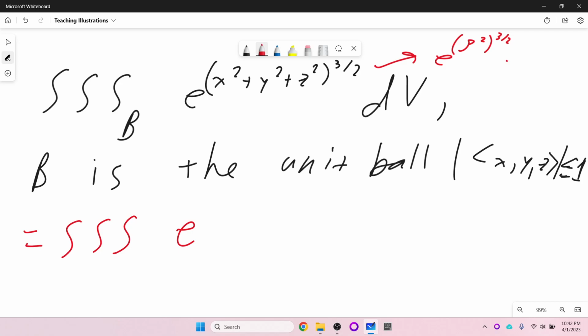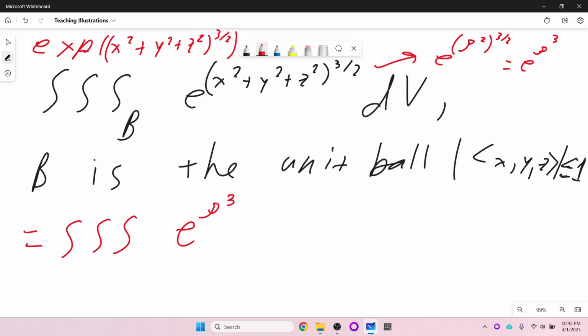So those powers get multiplied and it becomes e to the rho cubed. It's a stack of powers. This is tricky. Sometimes I like to write exp of x squared plus y squared plus z squared to the 3/2. That's one way of doing it when the powers get out of hand. You can just write exp, and it's understood everything in there is a power of e. Anyway, so this becomes e to the rho cubed.